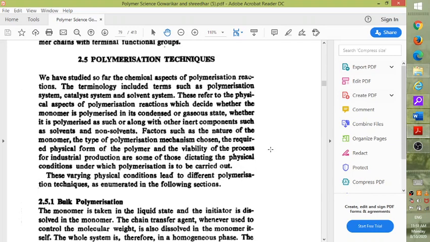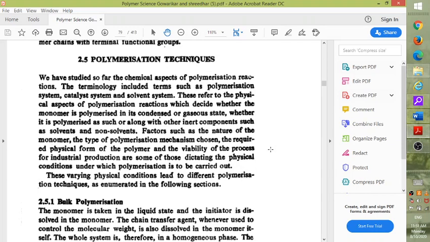Factors such as the nature of the monomer, type of the polymerization mechanism chosen, the required physical form of polymer, and the viability of the process for industrial production are some of those dictating the physical conditions under which polymerization is to be carried out. These varying physical conditions lead to different polymerization techniques as enumerated in the following sections.